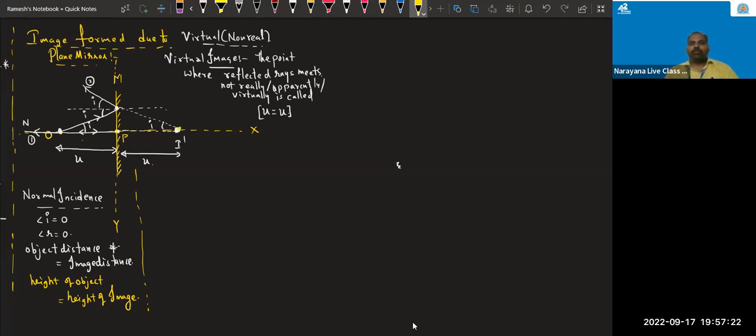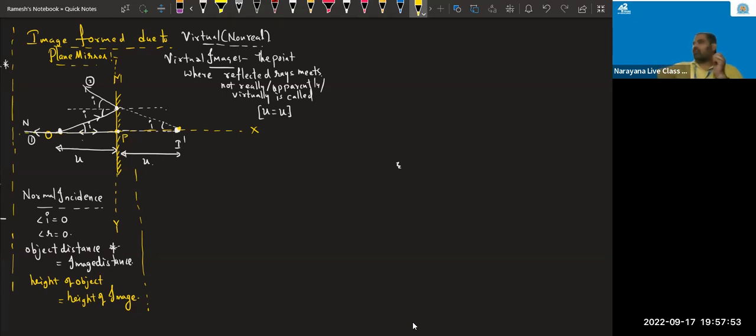Now, what are the characters of this, I mean, the properties of the image? Is this image real or virtual? Your photograph is there; that is actually a real image. A real image you can catch, you can touch, you can capture on any screen. Are you understanding? Right now, what is the type of this image? The projector has a lens. All the refracted light rays are meeting on the screen.